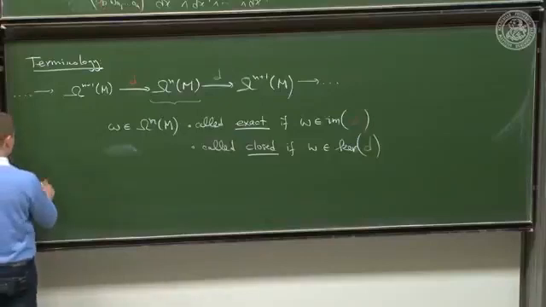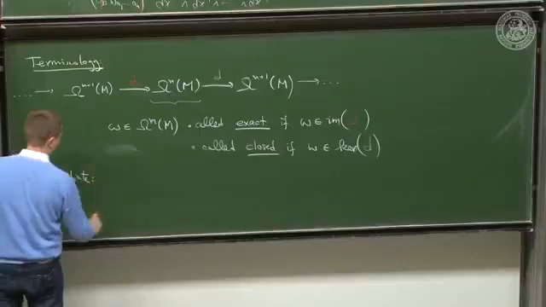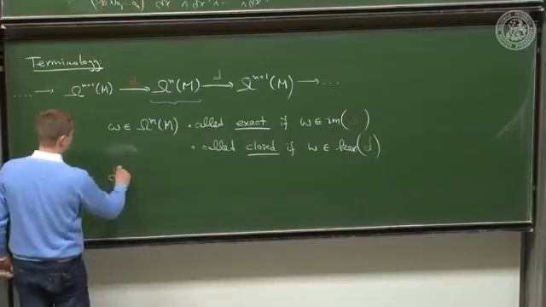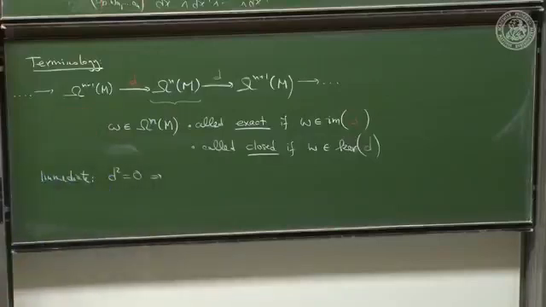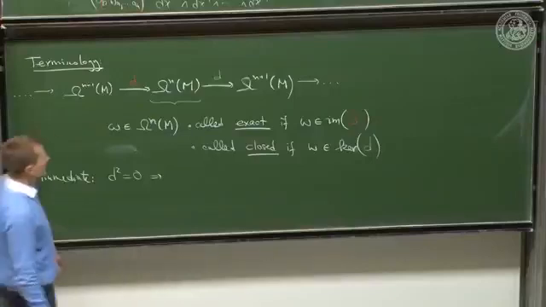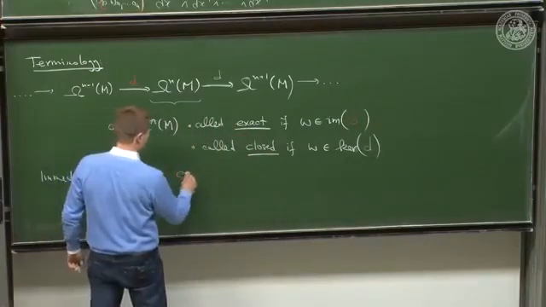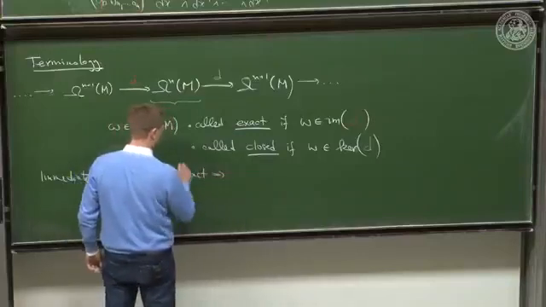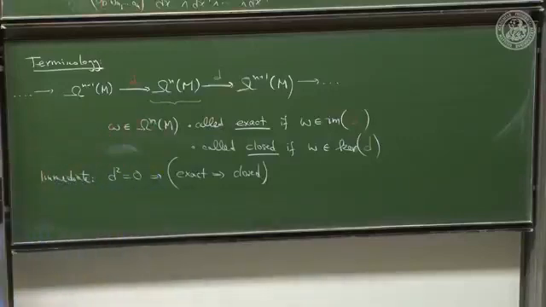Well, it's immediate that d squared equals 0 implies, or rather here, image of d in the kernel, means every exact form is closed.